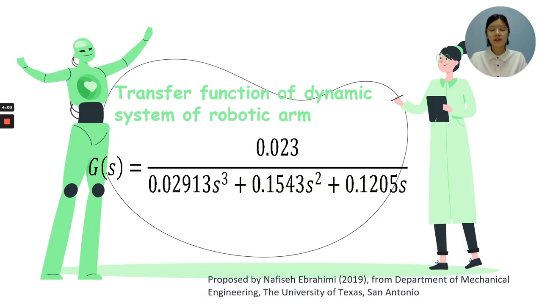In 2019, Nafisha Ibrahimi from the Department of Mechanical Engineering, the University of Texas San Antonio, proposed a transfer function of the dynamic system of a robotic arm, which is G(s) equals 0.023 over 0.02913 s cubed plus 0.1543 s squared plus 0.1205 s.